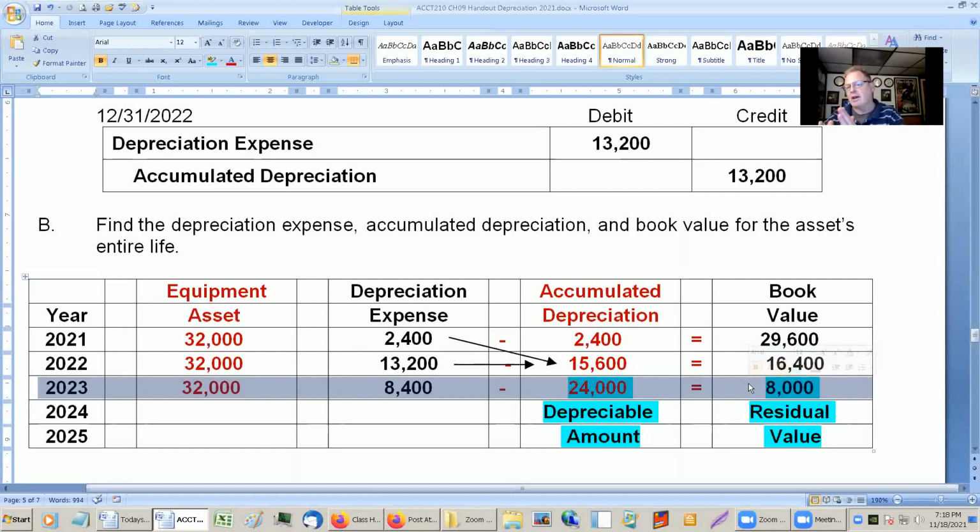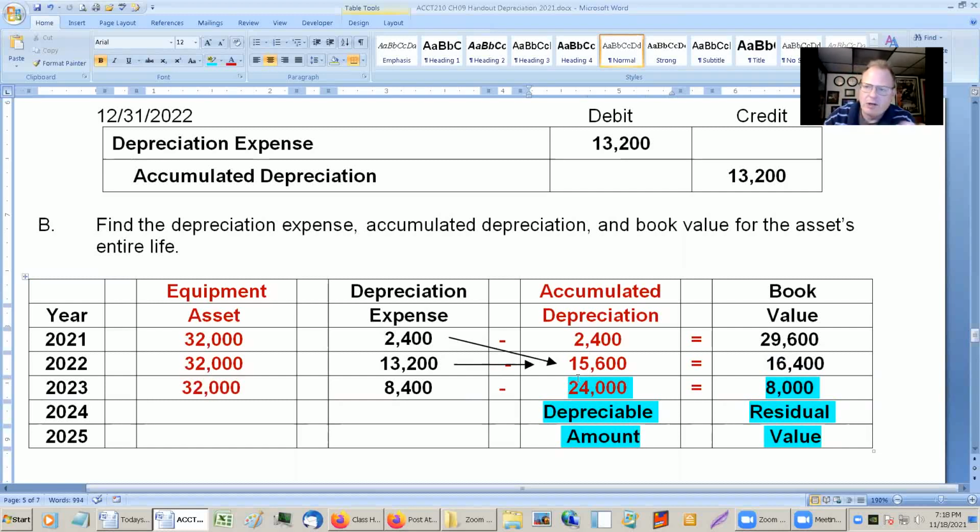We're not going to go back and change the financial statements. This is the best information we had when we made them, and you don't change those. You can imagine you would be changing the financial statements all the time otherwise. So if there is a change in the estimate, you stop at that point in time and say, okay, going into the future, now we're going to work on the basis that this truck is going to last for 200,000 miles rather than the 100,000. Or whatever the change is.